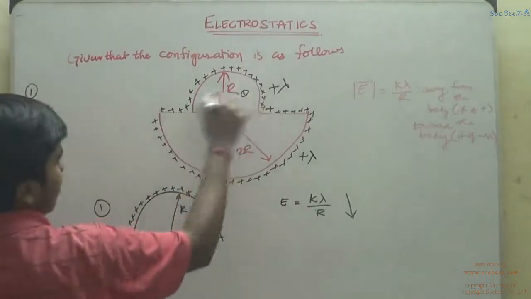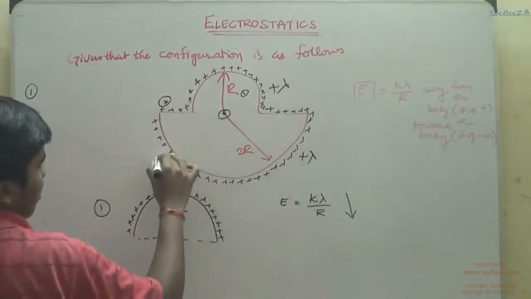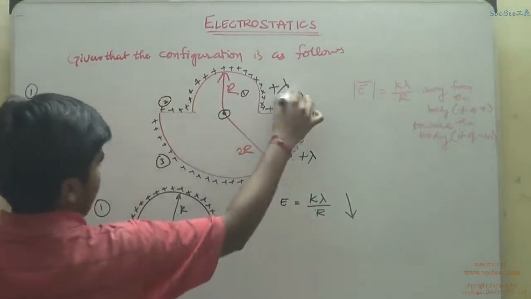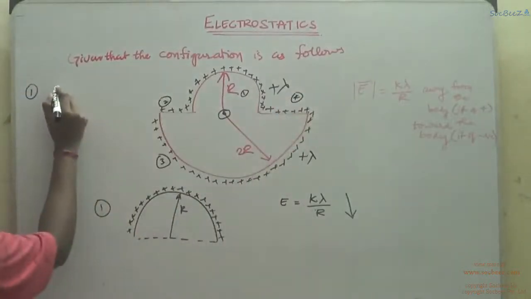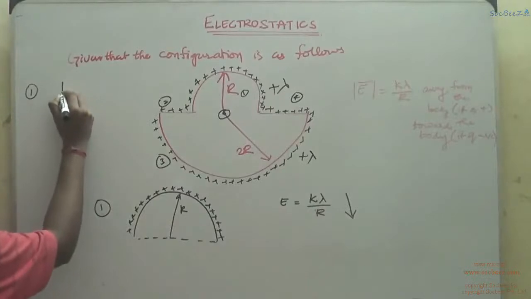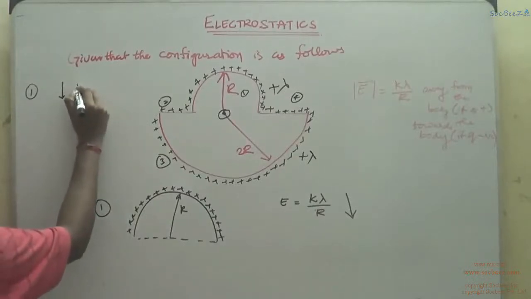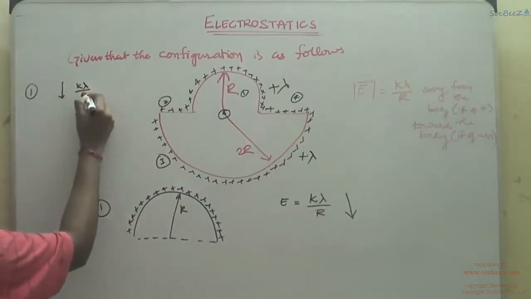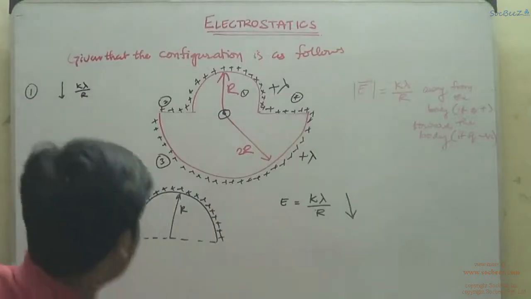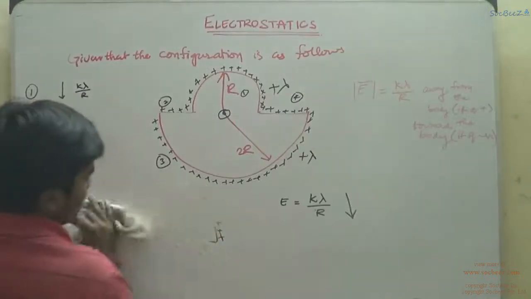This is the first part, this is second, this is third, and this is fourth. Due to the first part, the electric field is downwards and it is k lambda by r. Now let us consider the second part.